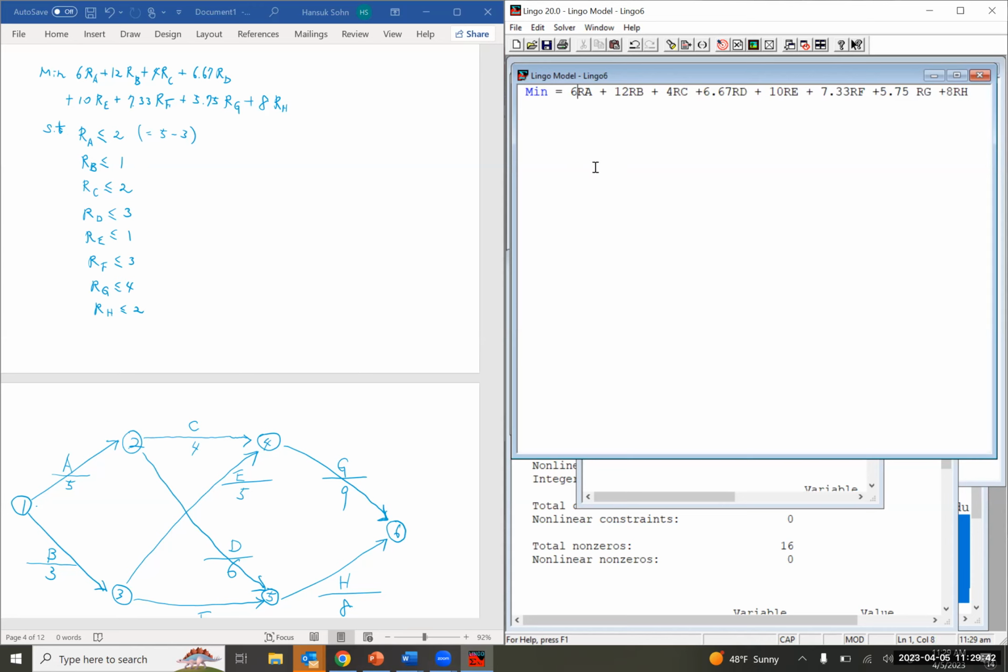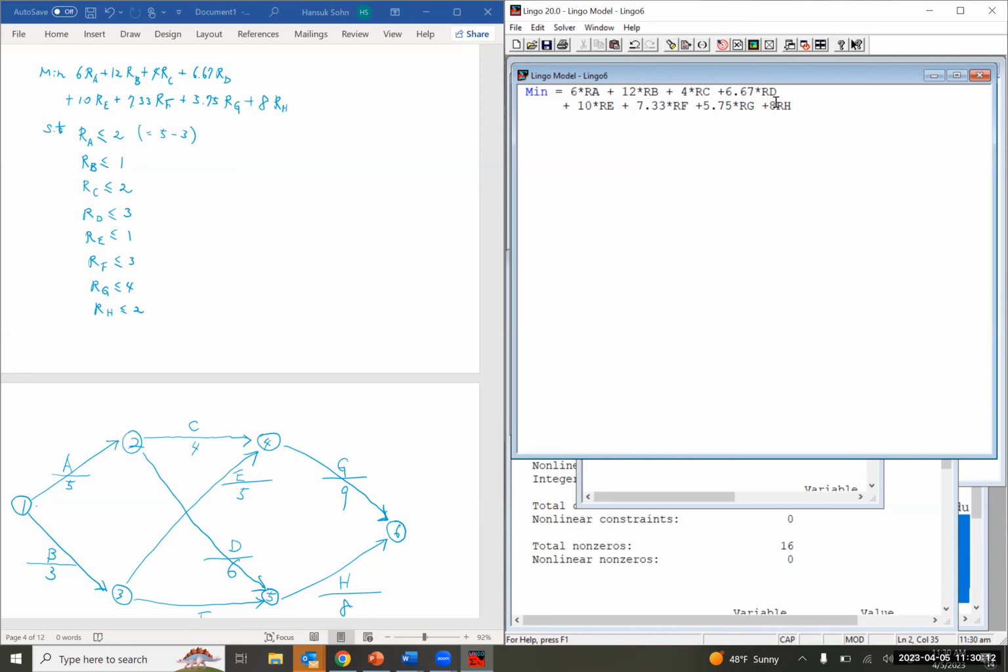And I forgot to include asterisk as the multiplication symbol. Let me just change the line here.